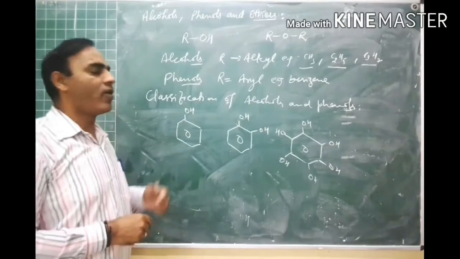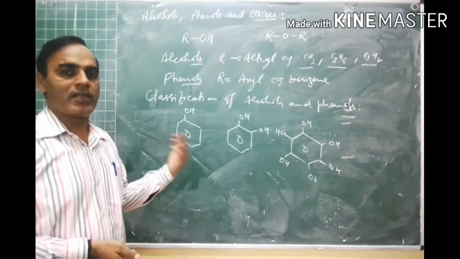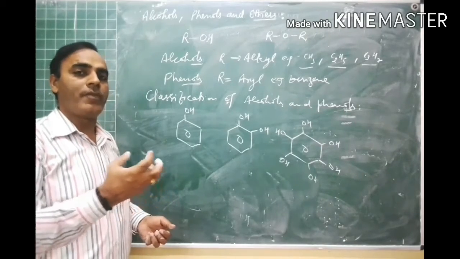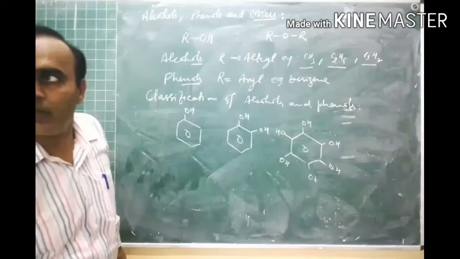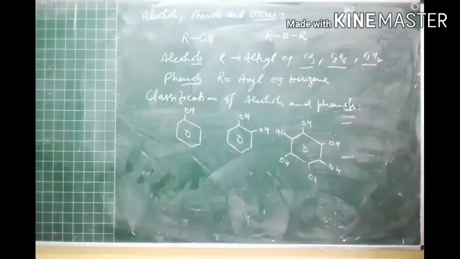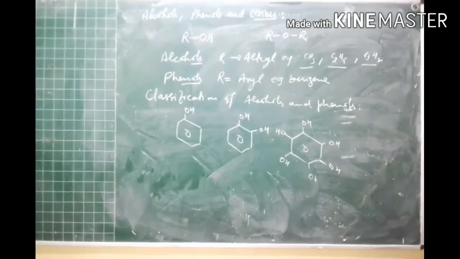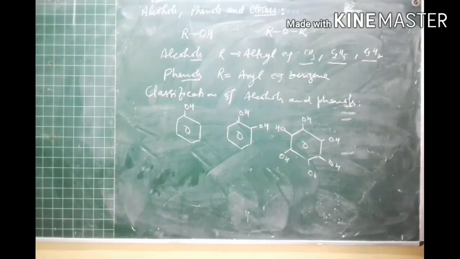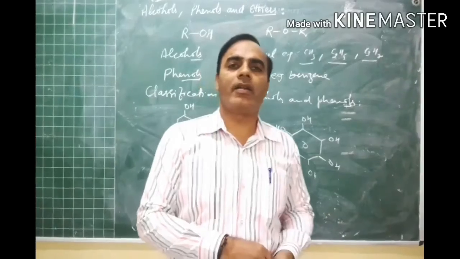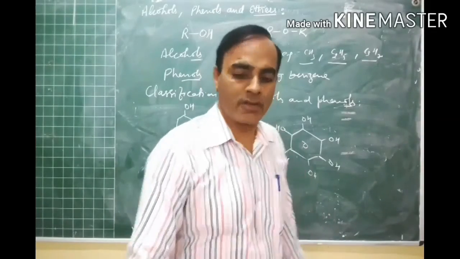Now, the monohydric alcohols can be further classified depending upon the type of carbon atom to which the OH group is bonded. Now we will discuss classification of monohydric alcohols and monohydric phenols.